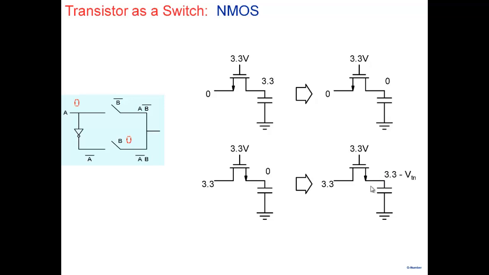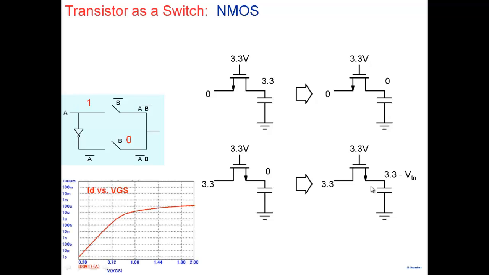The current begins to drop rapidly here, and we had shown earlier how the drain current changes with gate to source voltage. So the current begins to drop, and the voltage doesn't rise very rapidly now. Before you reach the threshold voltage, the charging is pretty fast, but once you reach the threshold voltage, the charging current available is small, and if you're talking about short intervals of time, this node gets stuck to a value close to 3.3 minus VTN.